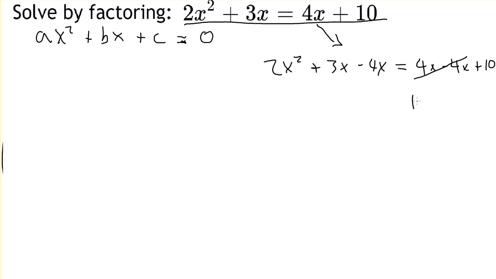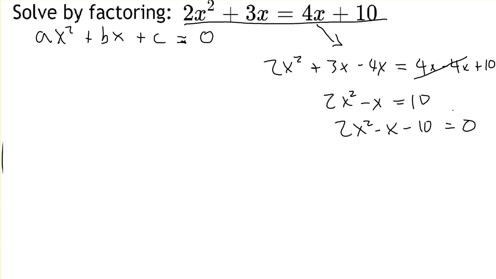So I get 10 on one side. And then I'll combine these like terms into 2x squared minus x. And then I'll subtract 10 from both sides, right? If I subtract 10 from both sides, I get 2x squared minus x minus 10 equals 0, right? 10 minus 10 gives me the 0.